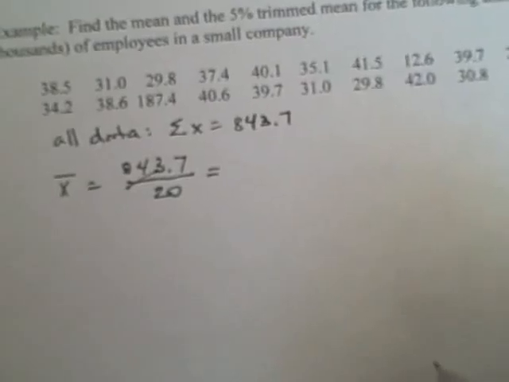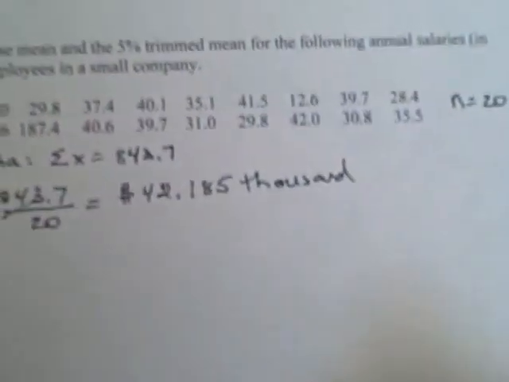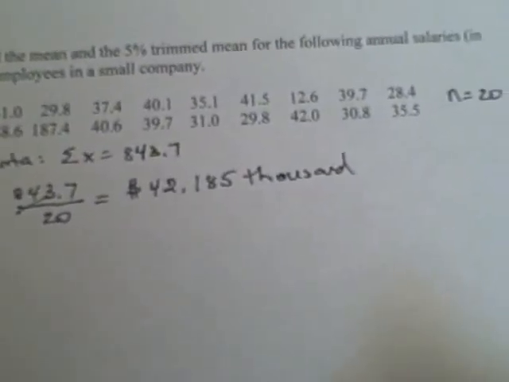And we get 42.185. So this is in dollars, 42.185, and of course this is also in thousands. So we have $42.185 thousand.